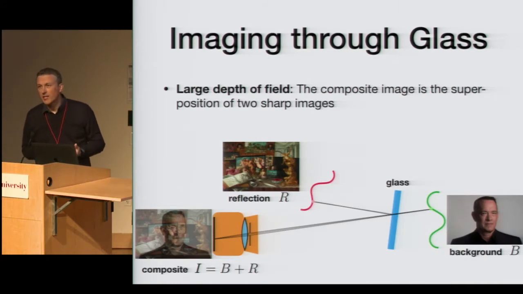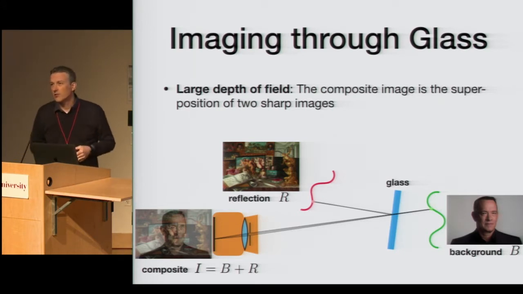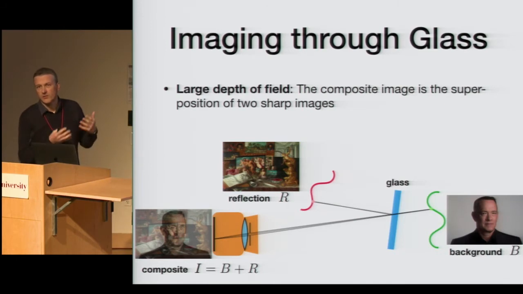Now, to understand how we can best separate reflections from a background, we first need to have a look at the image formation model. So let's consider a camera, which here shows a simplified version of the image plane and the lens with some aperture. Then we have some glass on the optical path.